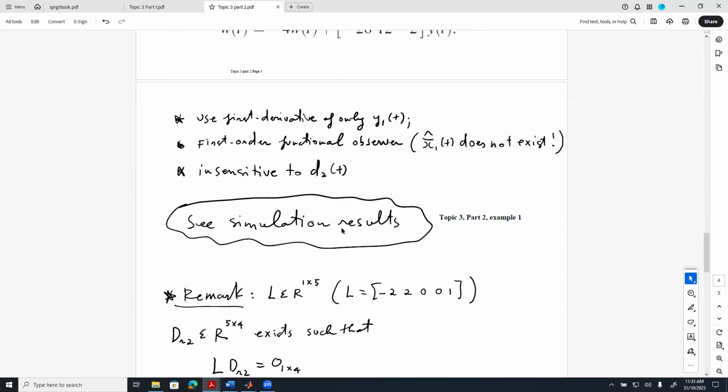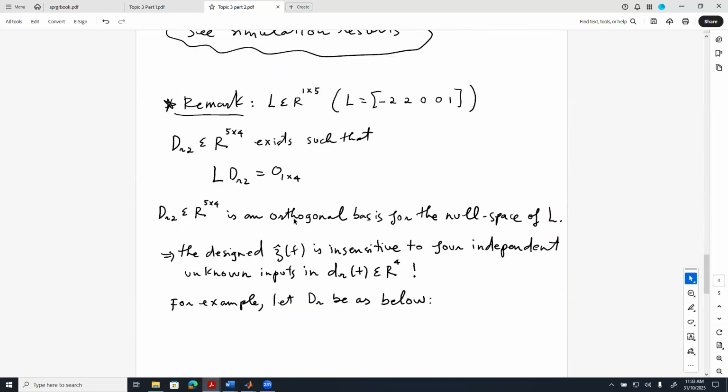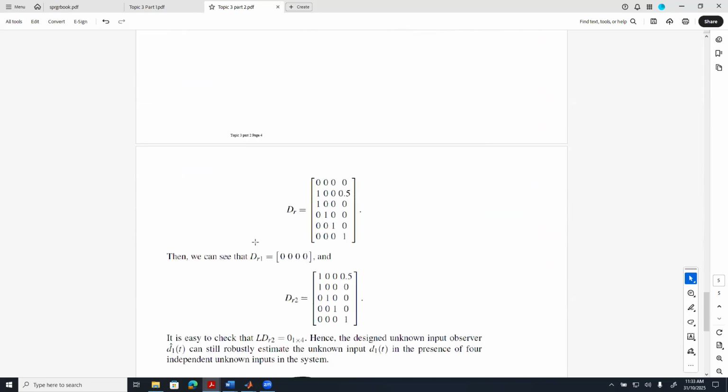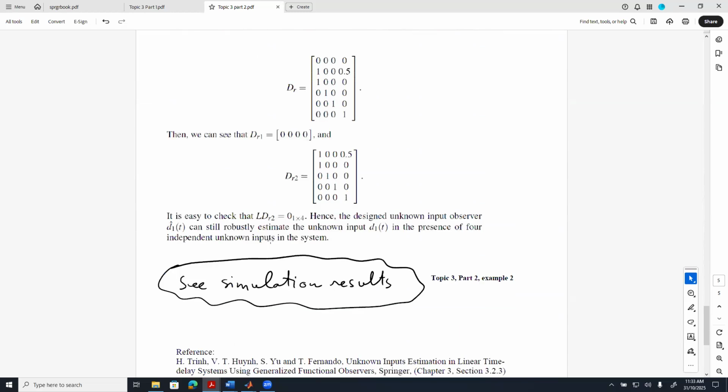And the other bit is in this remark here, we show that, in fact, we could have more unknown inputs enter into the system, and those unknown inputs are more than the available output measurements.